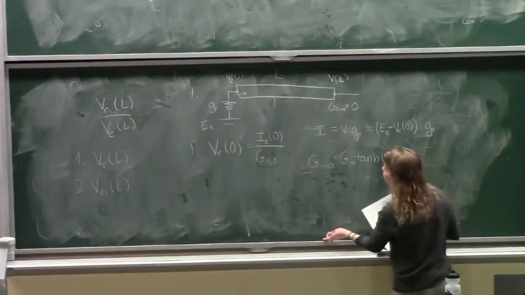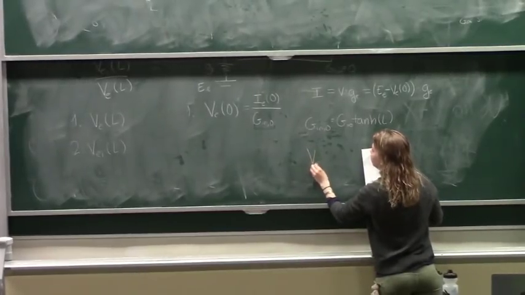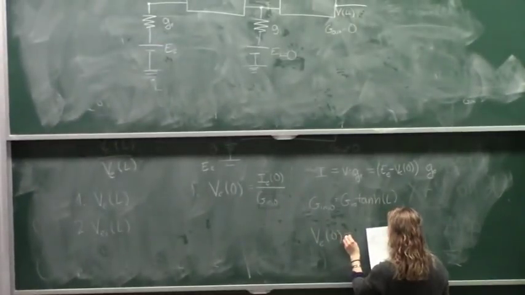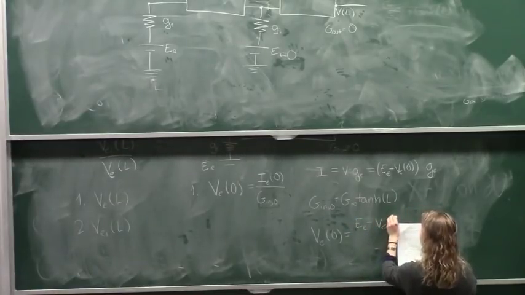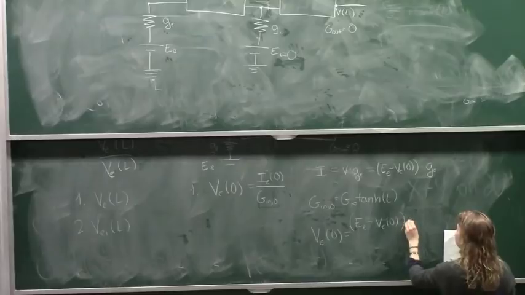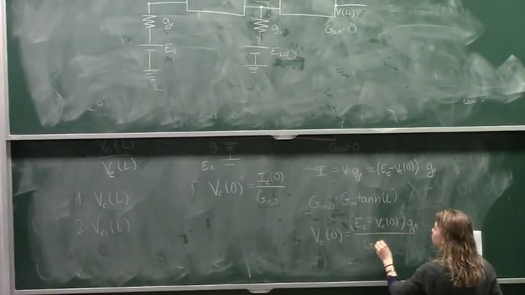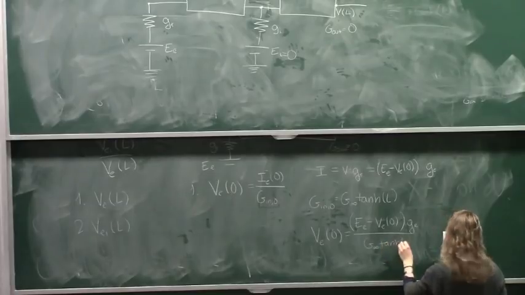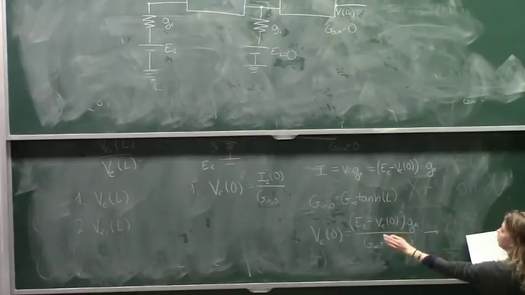So then we can put this together and get that VE of 0 is equal to EE minus VE of 0 times GE over G infinity tanh L. And then we can solve for VE of 0.